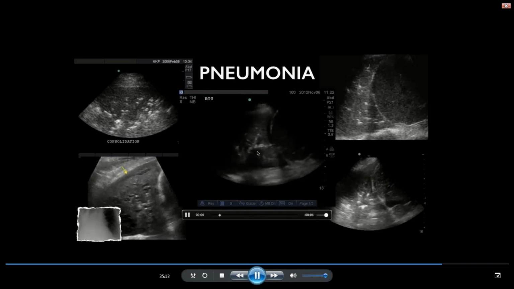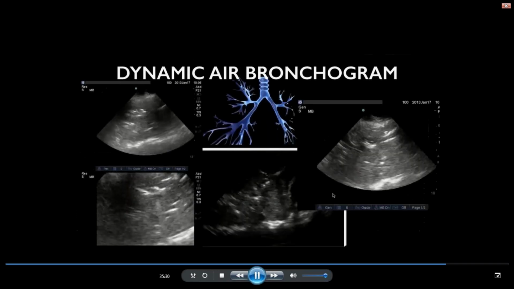There are all kinds of names given to these. You're going to hear the shred sign, which is all these shreds of white strands in the lung. But this is really representing air within the consolidated lung. Here are some other examples of consolidation on static images.